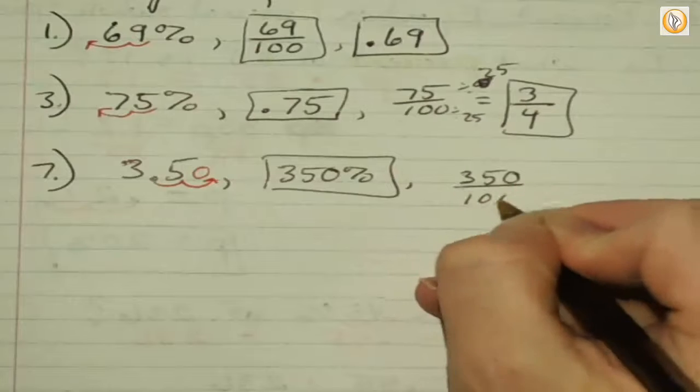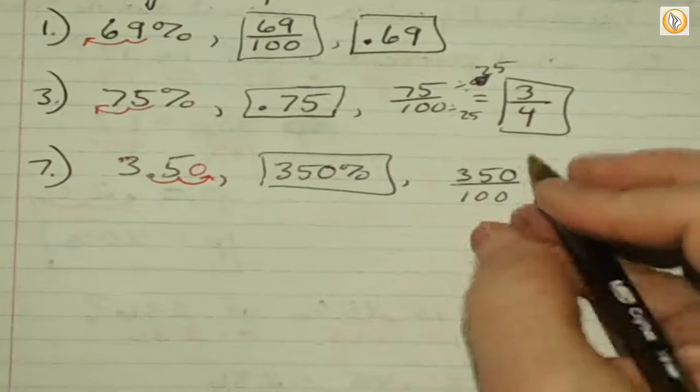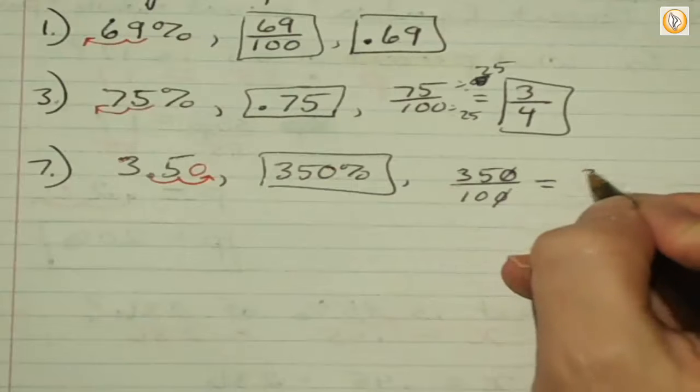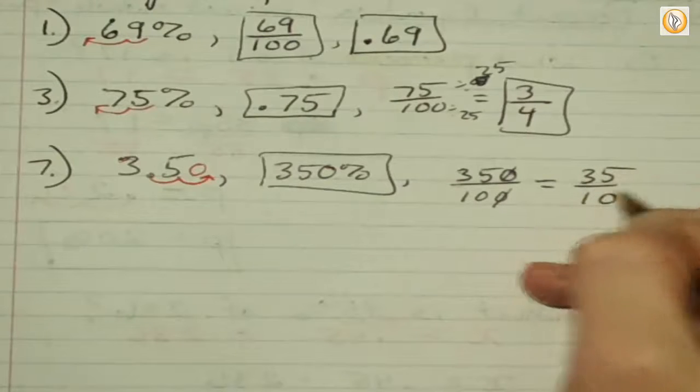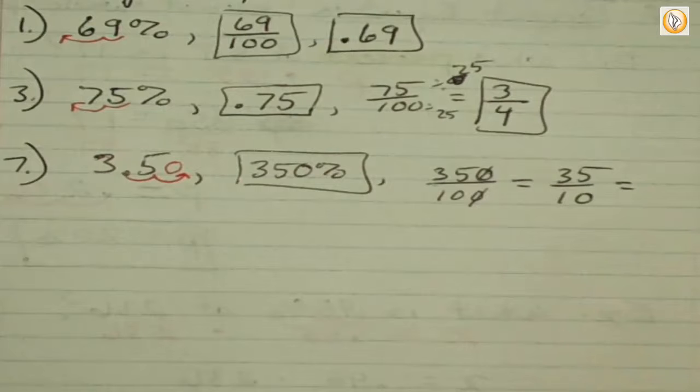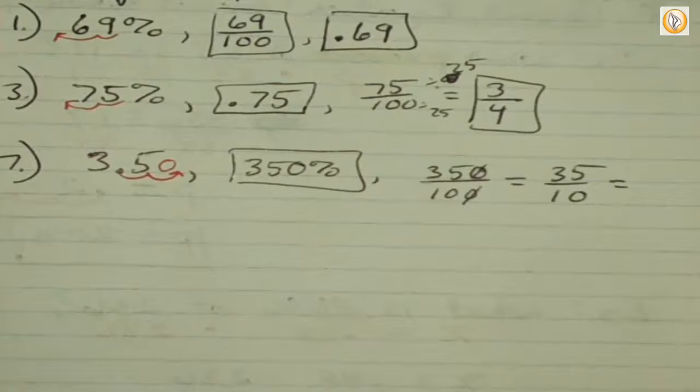Okay. And then reduce it. And look, I have a 0 and a 0, so I can cross those out. Now I have 35 over 10. Can you reduce that further?